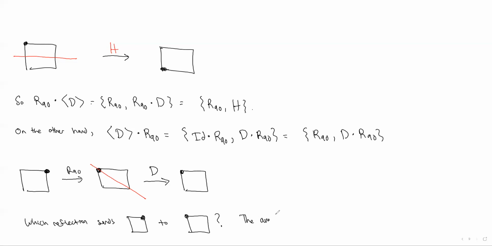The answer is V. Okay, so the subgroup generated by D times R90 is this set, whereas R90 times the subgroup generated by D is this set. So the left coset and right coset aren't equal.